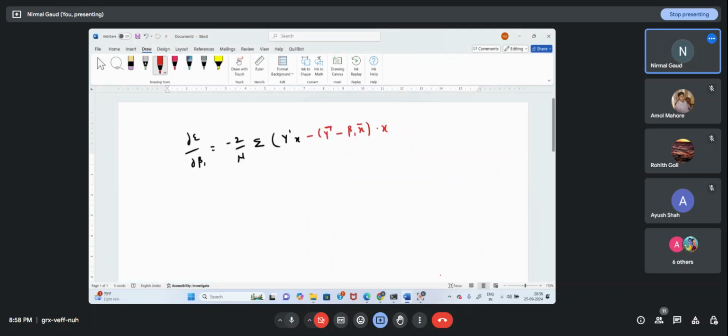Minus beta 1 x square, that is what you are having.